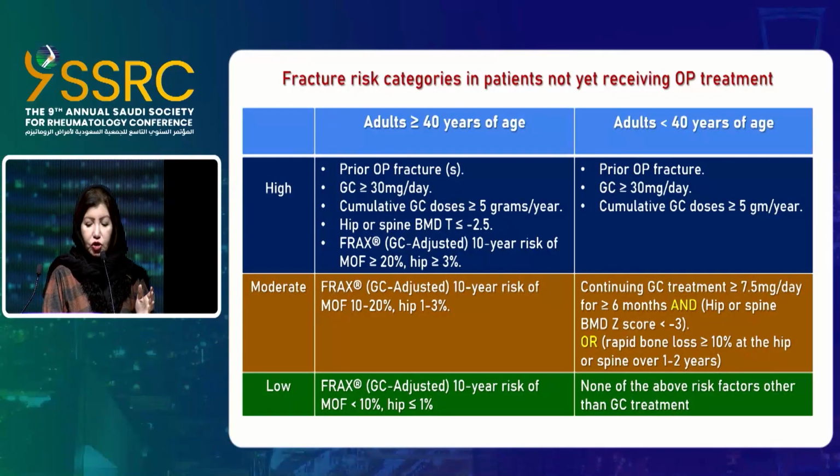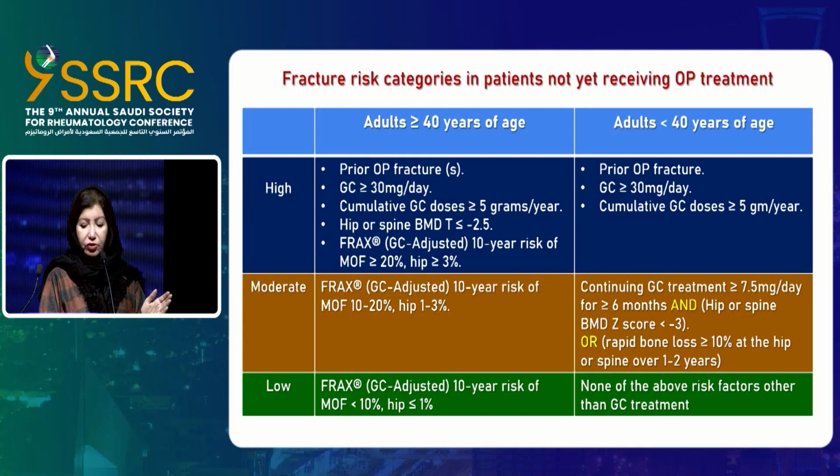Now, regarding the categories of patients, it can be either high risk, moderate risk, or low risk. So there is, again, a little difference between the younger and the older patients. In younger patients, you use the same risk factors: prior osteoporotic fracture, steroid dose more than 30, or cumulative dose more than 5 grams per year.